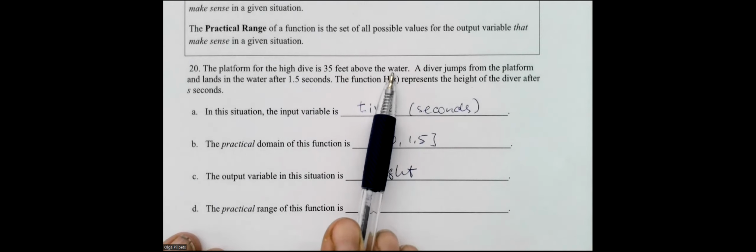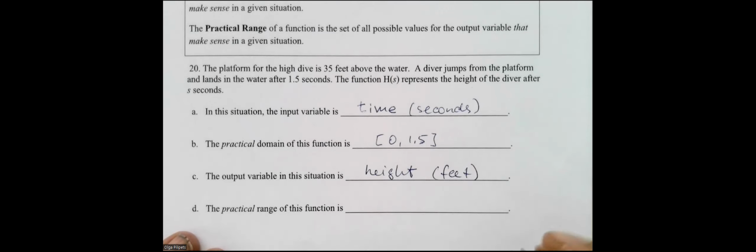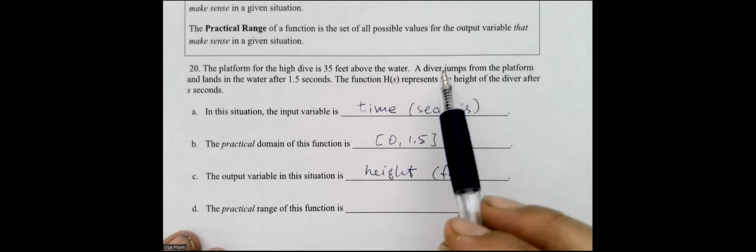And do we know the units? And the answer is right here, 35 feet above the water. So we're going to be measuring our height in feet. No reason to change it to anything else. We could if we wanted to, but we don't want to do that.